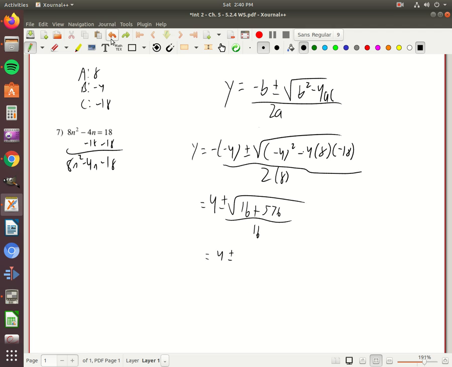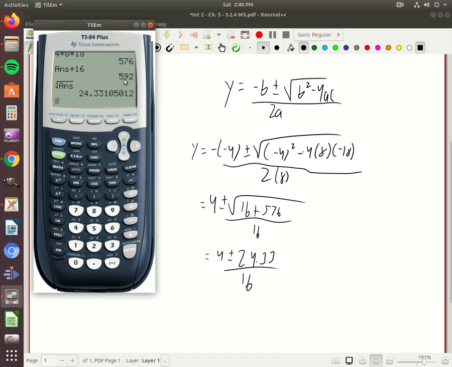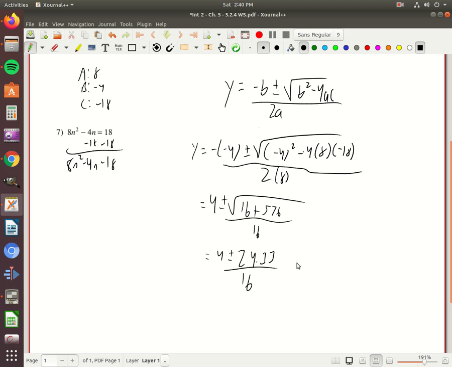Don't forget, I added them and then I got the square root. So I hope you guys know what I'm saying there. Like I added and got 592, then I took the square root of 592. I did skip a step, so now I will get 28.33 over 16, and I will get negative 20.33 over 16.